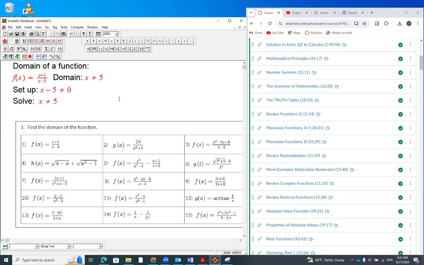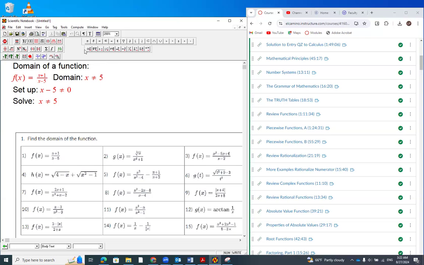Another way to do this, some of you might have seen other teachers doing, instead of setting up as x minus 5 not equal to 0, it's set as equal to 0.